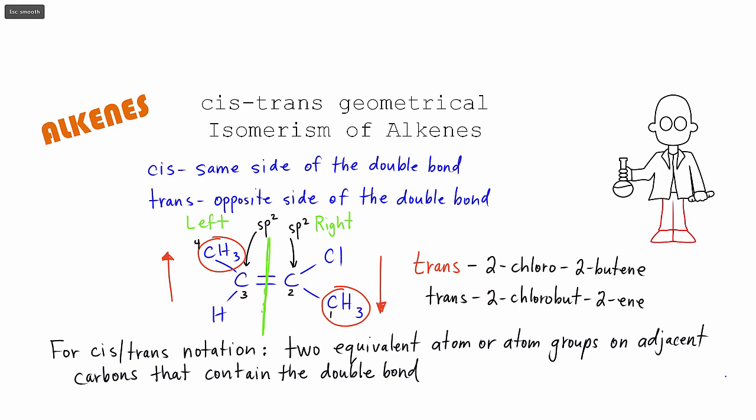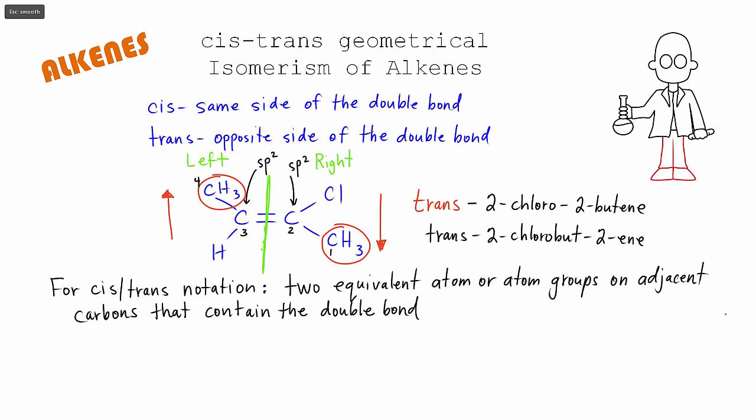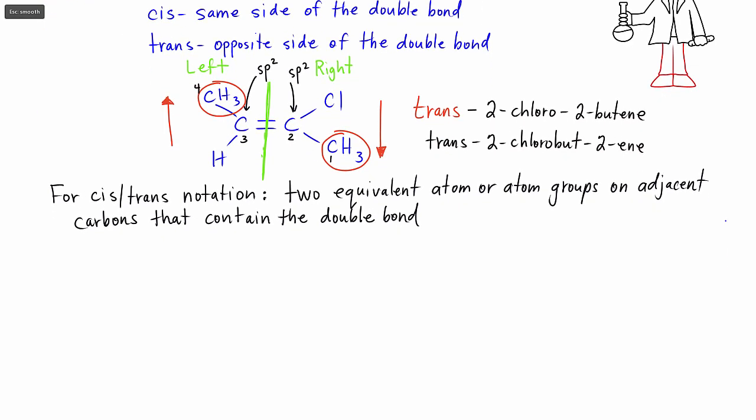But the main point is for cis-trans notation, we have to have identical atoms or atom groups on the adjacent carbons, the left and the right, that contain the double bond. Okay? Let's do another example.